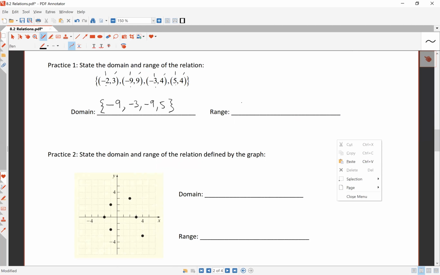The range, we've got 3, 4, and 9. We don't list any element twice like I did in the first one.